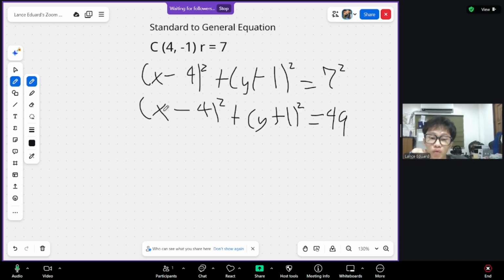The next step is expanding, multiplying every variable with 2, since it's raised to 2. So our x is going to be x squared.